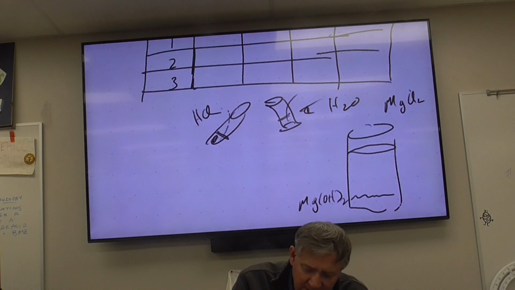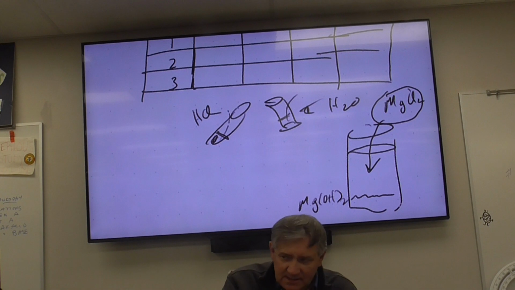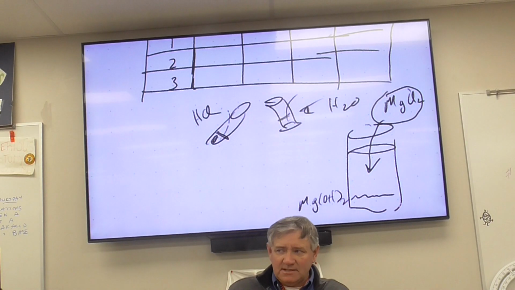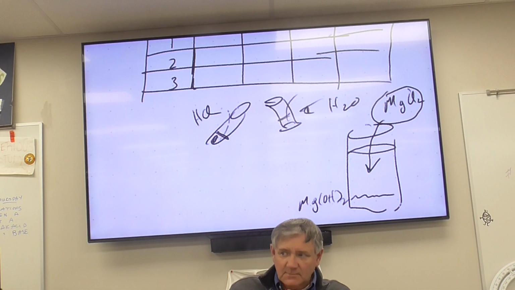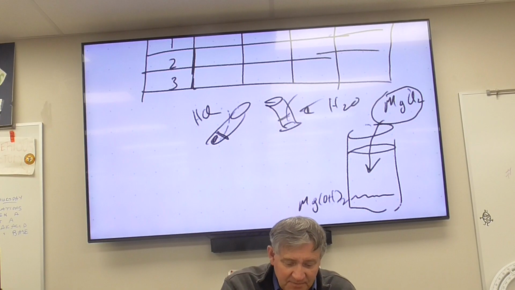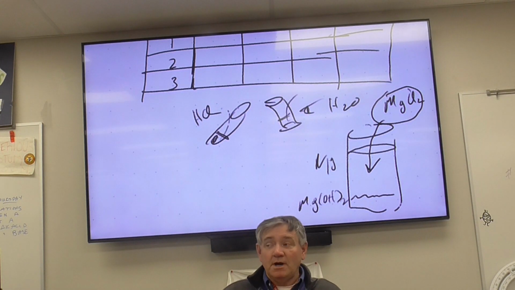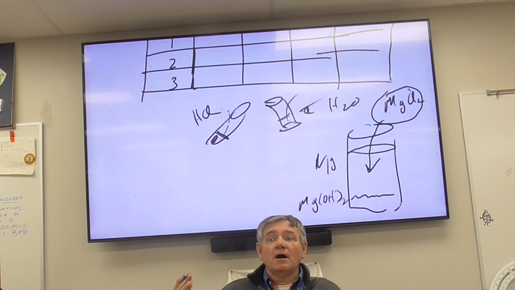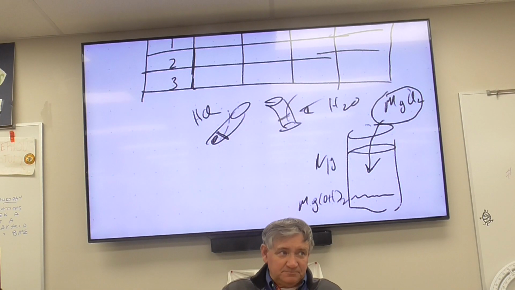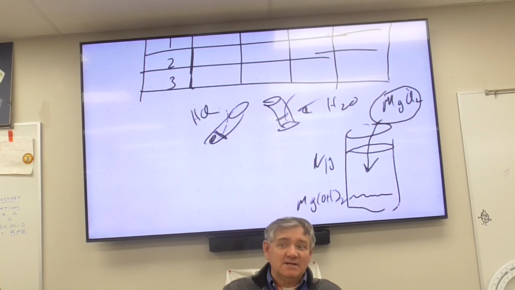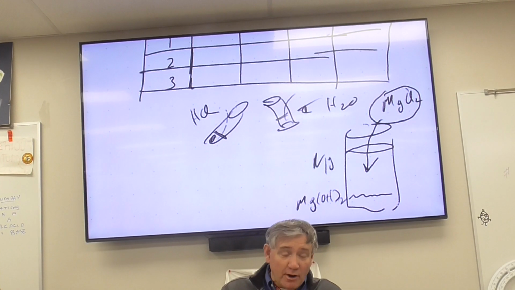So here's the idea. When this hits the water and it dissolves, what's going to happen to the concentration of the magnesium ions? It's going to go up. Okay, that's like someone injecting a bunch of freshmen into my room, God forbid. Am I going to be in equilibrium? No. What am I going to tell the freshmen to do? Sit down and shut up.